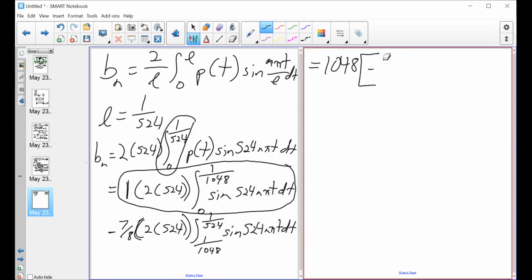Negative cosine 524 n pi t over 524 n pi.